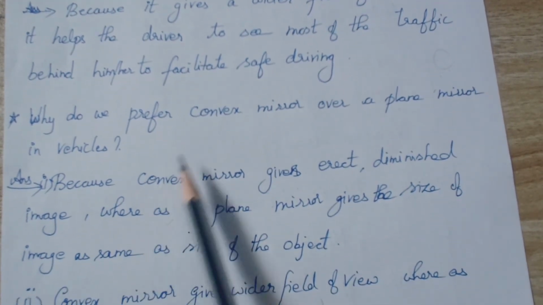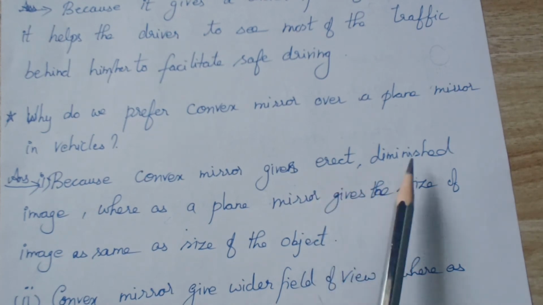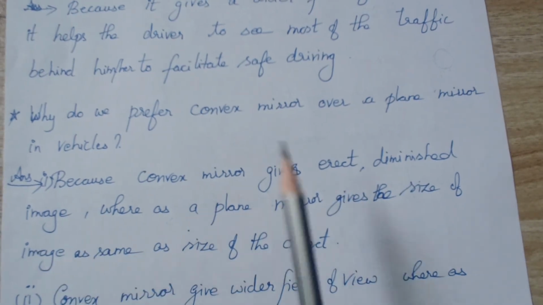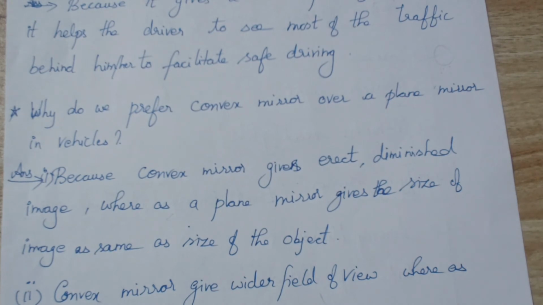So why do we prefer convex mirror over a plane mirror? Because a convex mirror gives an erect, diminished image, whereas a plane mirror gives the image the same size as the object. So you will not predict what vehicle is coming. When the convex mirror makes the image diminished, you get a full image of the object, whether a car, a truck, or a bike is coming.